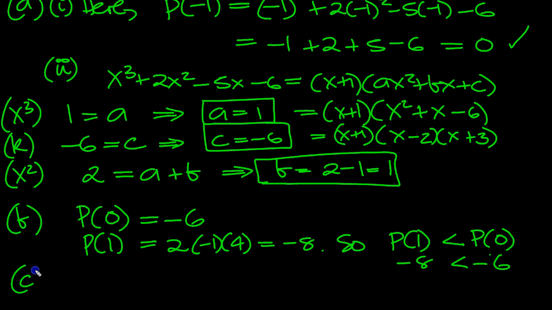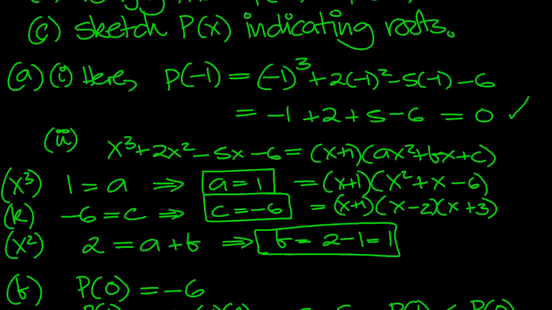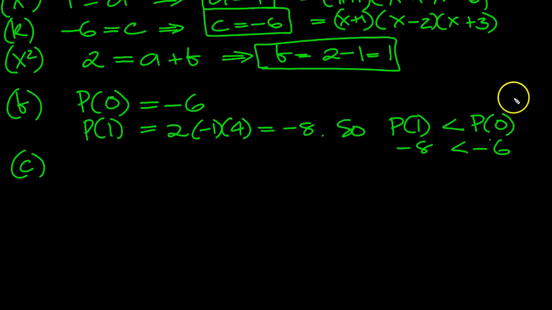Now part C, we need to sketch the curve for part C, indicating the roots. Here's the roots here. I'm going to do a quick sketch here. The cubic goes up, down and up, or down, up and down, basically. So here's our little sketch, which I'll put in here.